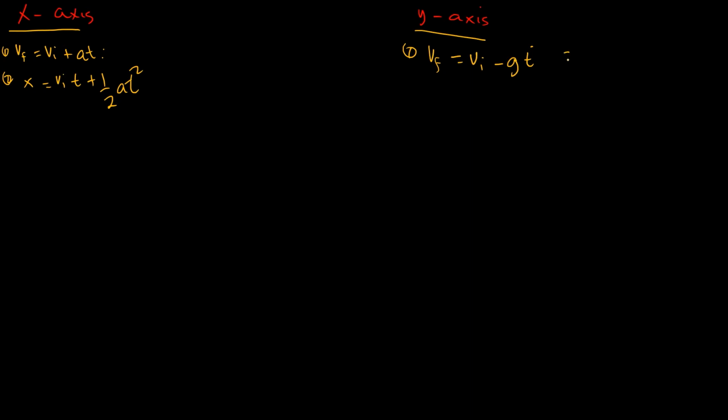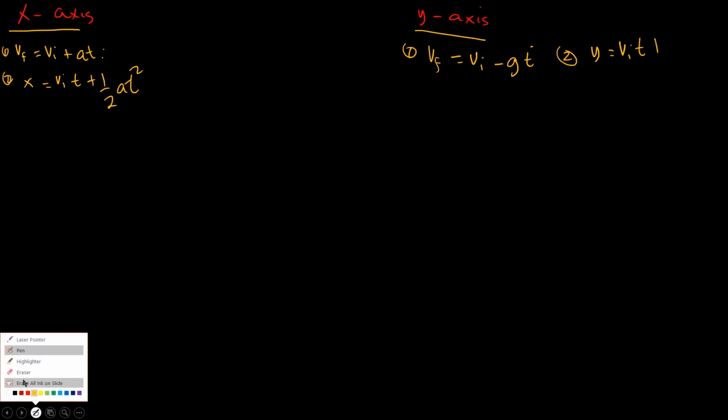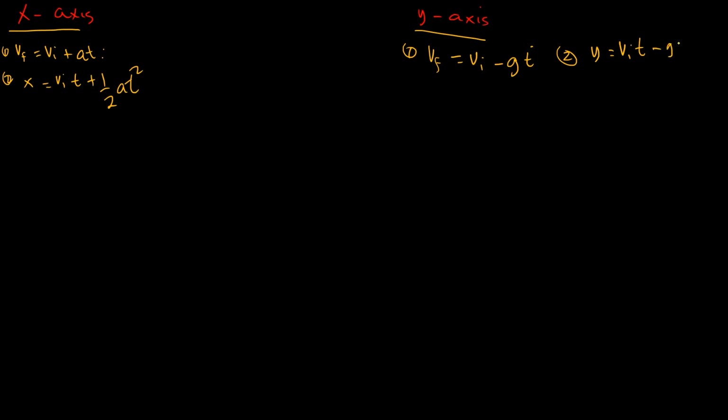And for number 2 here, y is equal to v sub i t. This is negative, not positive, since the acceleration due to gravity along the y component is equal to negative g, 1/2 g t squared. Let's try to use this equation here.